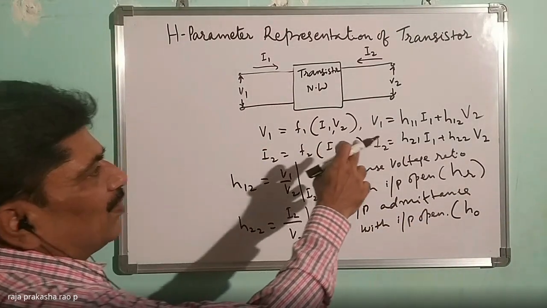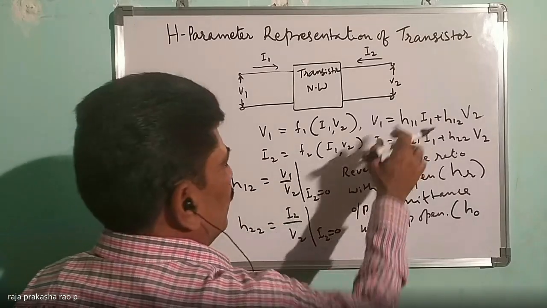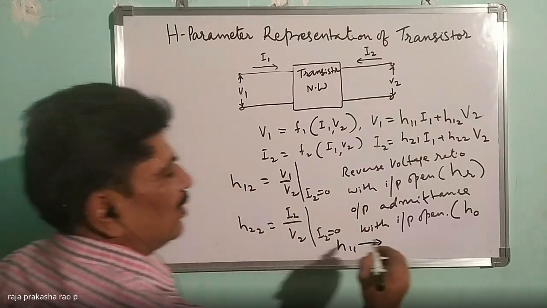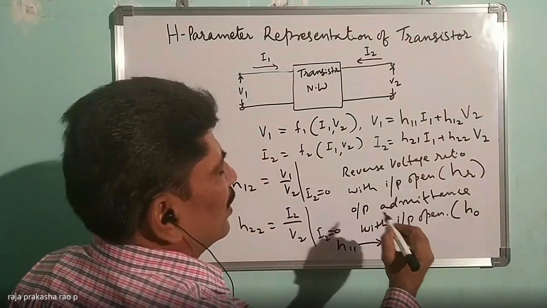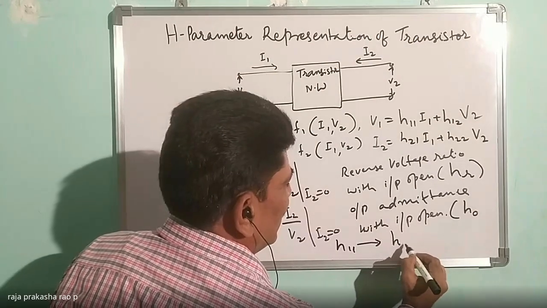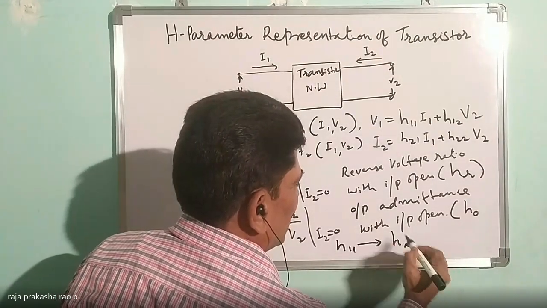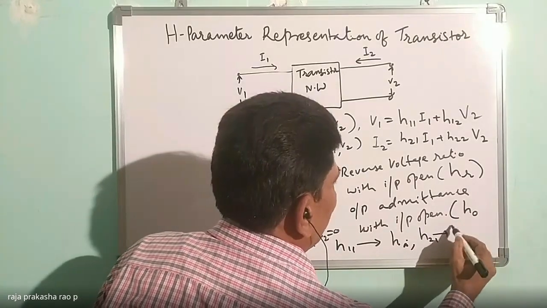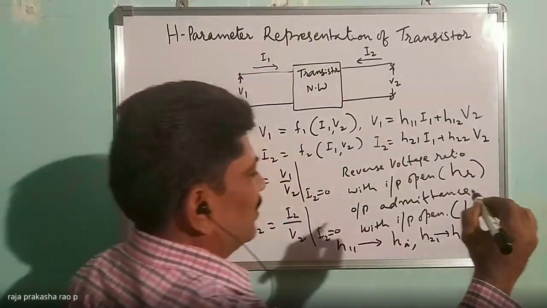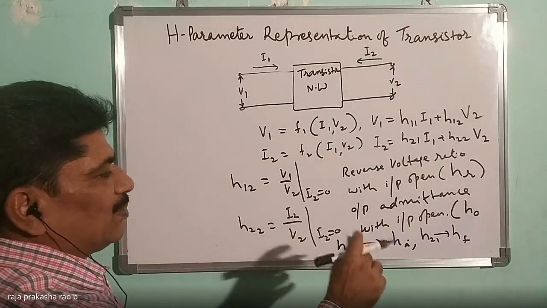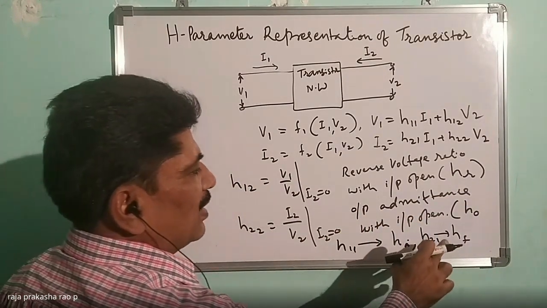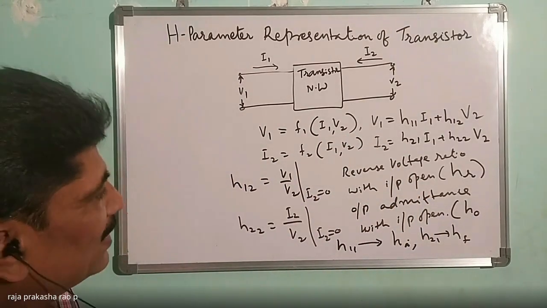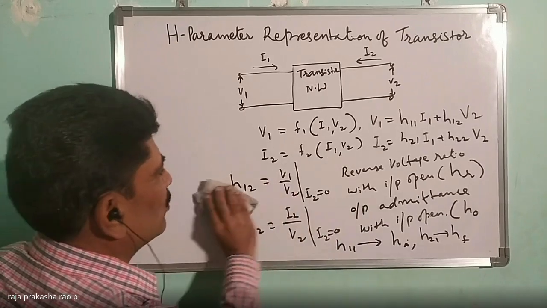H11 is input resistance. We denote it by HI. I means input resistance. And H21 we call HF, forward current ratio. You just remember this: HI, HR, HF, and HO. So finally, we write the two equations.